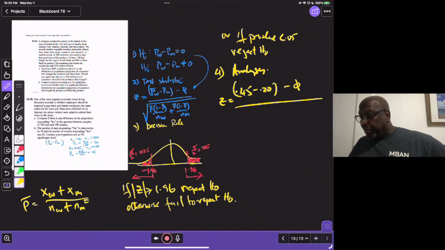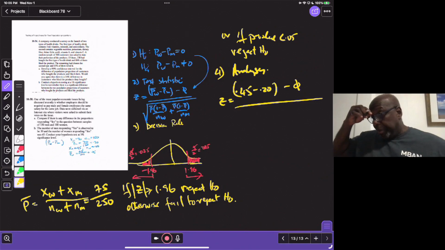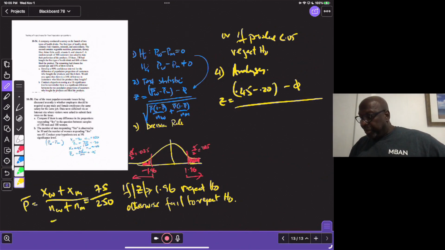Suppose that is equal to 30 plus 45, which is 75, over 250, which is the 150 plus the 100. That gives us a pooled sample proportion of, if we divide by 25, 3 over 10, which is actually 30%.